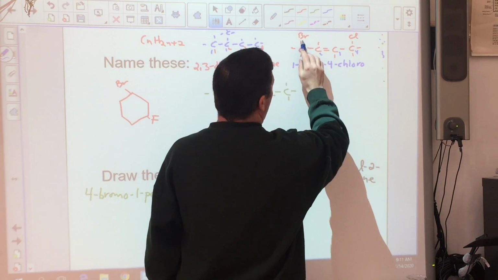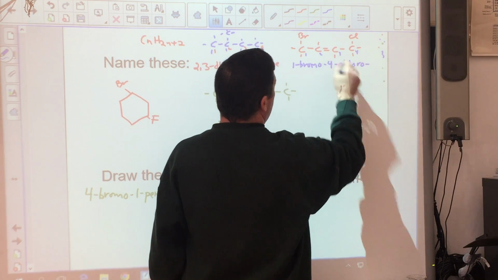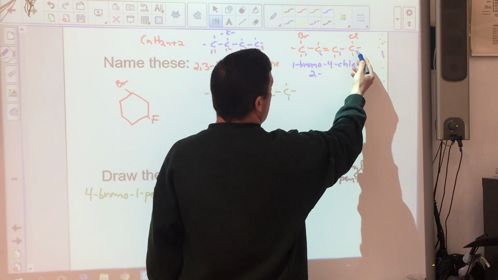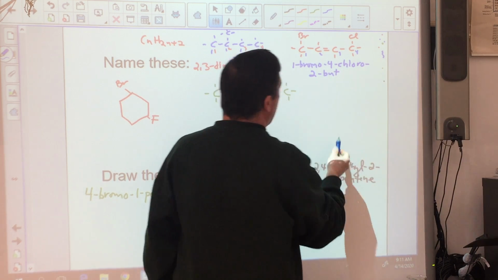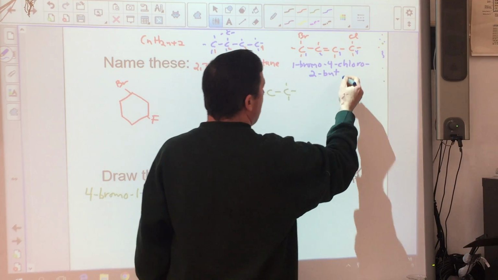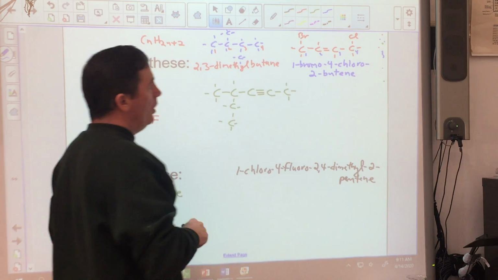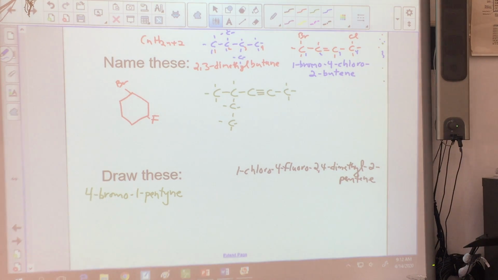So that's 1 bromo, 4 chloro, and then 2, my long chain is 4, is bute. It's a double bond that makes it an ene. 1 bromo, 4 chloro, 2 butene.